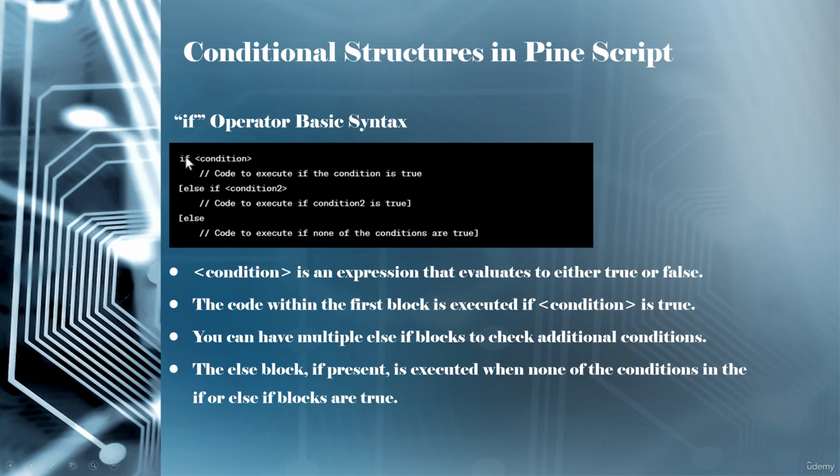So we have here if condition, and then if this condition is true, this section of code is executed. Then we could have one or many else if conditions, and if any of these conditions is true, then the corresponding section is executed.